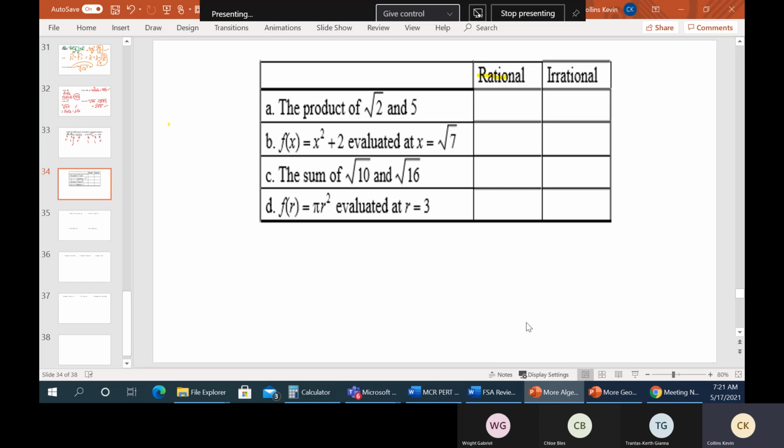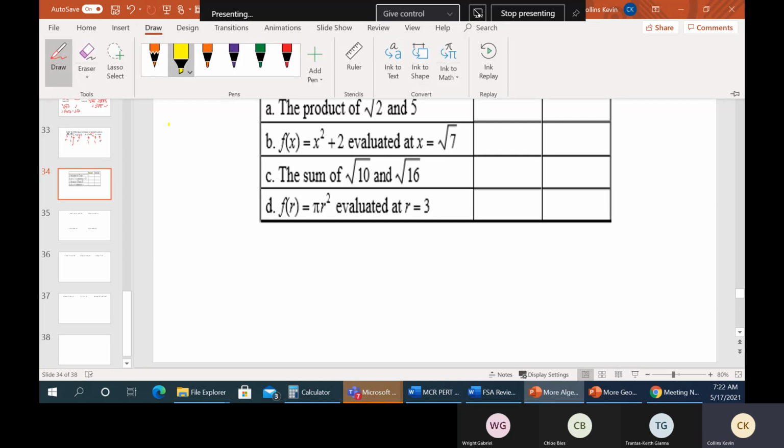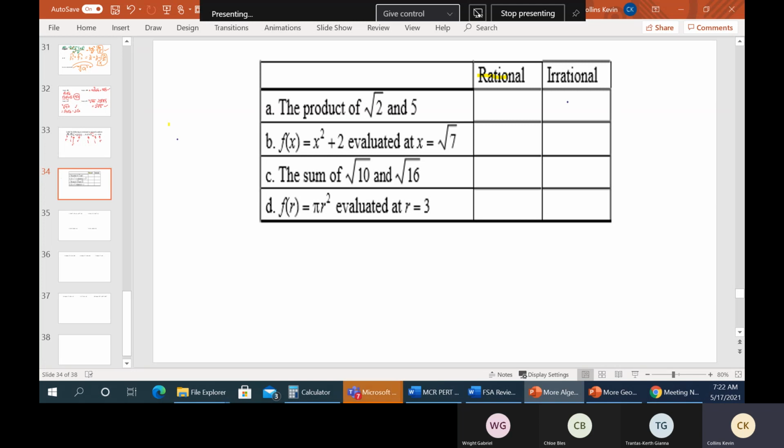In the text, you can just put an I or an R, depending on which one you think it is. Actually, that one is going to be irrational because you can't get rid of the square root of 2. So 5 times the square root of 2, the square root of 2 is an irrational number. If you multiply a rational by an irrational number, it will stay irrational.